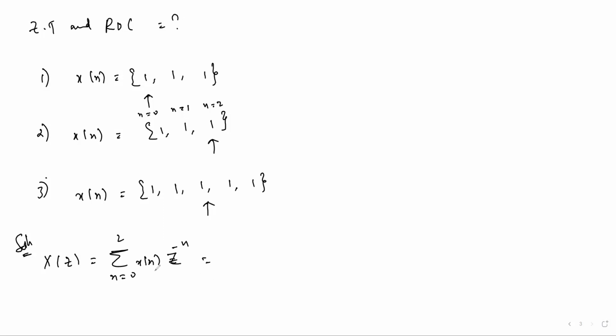Then x of 0 is 1 into z to the power of 0 plus 1 into z to the power of minus 1 plus 1 into z to the power of minus 2. That's it. 3 terms. So what is the polynomial here? X of z I got here: x of z is 1 plus z inverse plus z raised to minus 2.